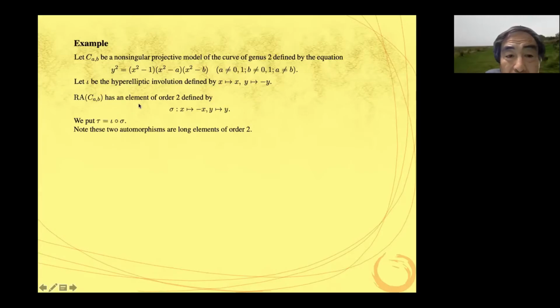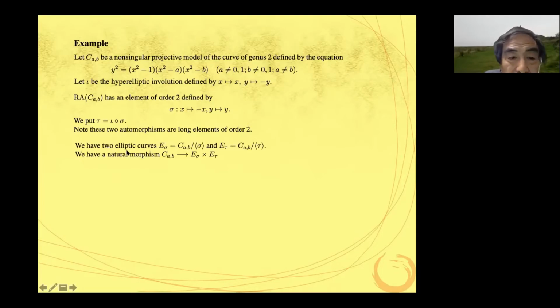And this one has an element of order 2 defined like this, x to 2 minus x. And we consider the composition of sigma and iota, and we denote it by tau. And these two automorphisms are wrong elements of order 2. I mean, these two elements act on the branch points freely.